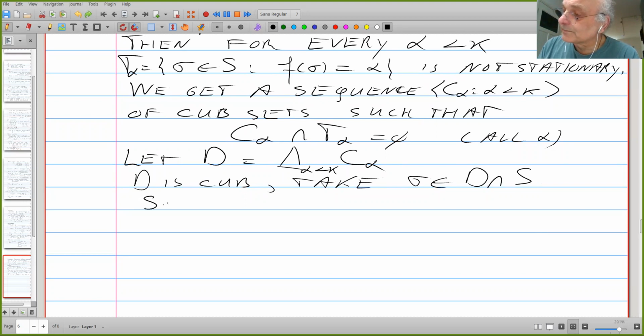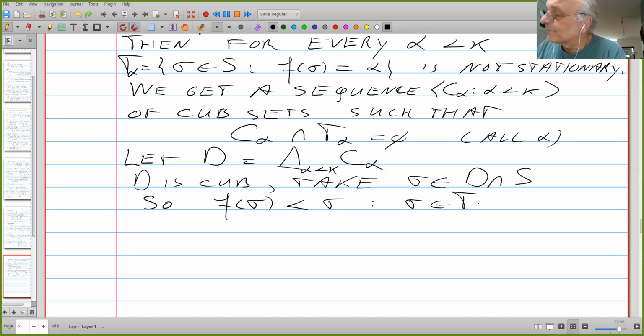So F sigma is less than sigma. That means that sigma is a member of the set T with index F sigma. That's the definition. T alpha consists of all the sigmas whose image is alpha.